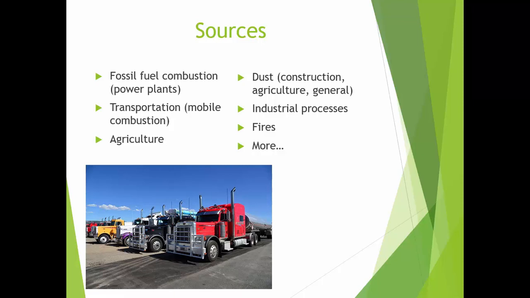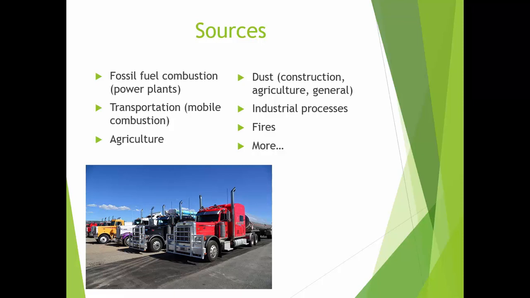Dust is huge. A big source of dust is construction, but also agriculture. So that's why if you go by a construction site in an area that tends to be drier, you'll see the water trucks spraying water on the surface because dust is regulated and they have to keep down the amount of dust that goes into the air from their site.